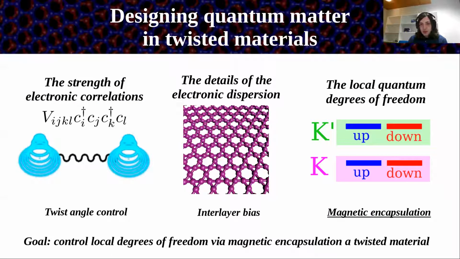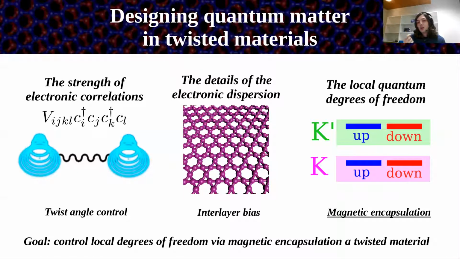In particular, I would like to start by reminding you how we are even capable of doing this with twisted two-dimensional materials. The basic notion is that with twisted two-dimensional materials, we can essentially control two parameters in our Hamiltonian that are key for any correlated state that we have. The first one is the strength of the electronic correlations that we can effectively control by changing the twisting angle between the two materials.